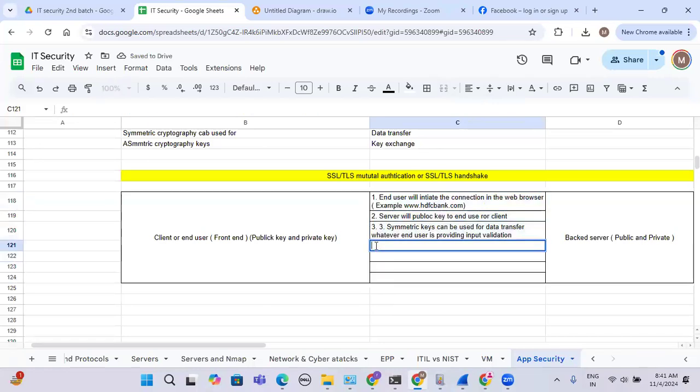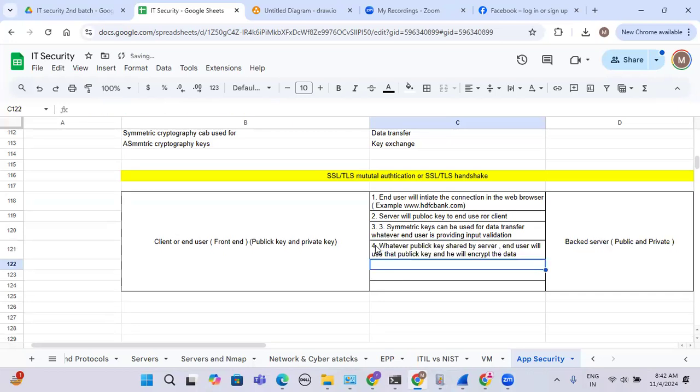Using that public key, whatever public key is shared by the server, the end user will use that public key and encrypt the data. That is the way the encryption will happen.